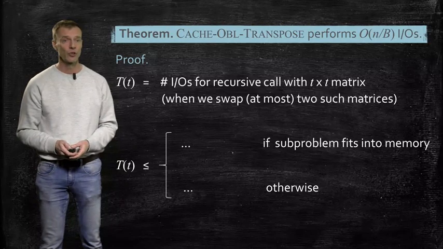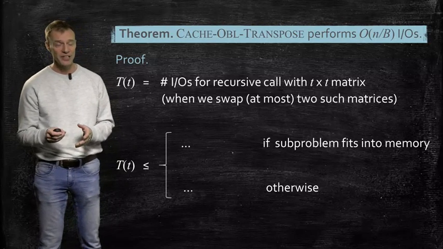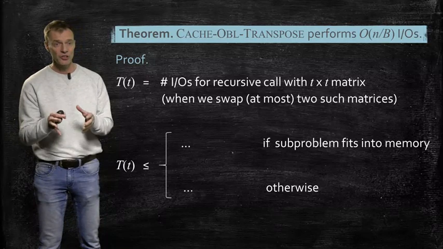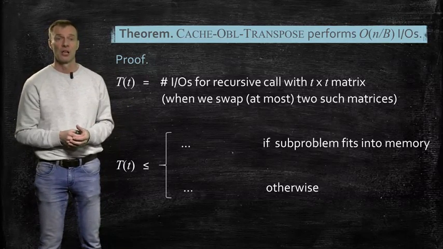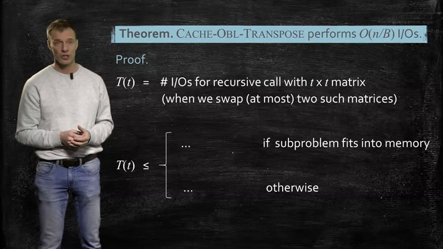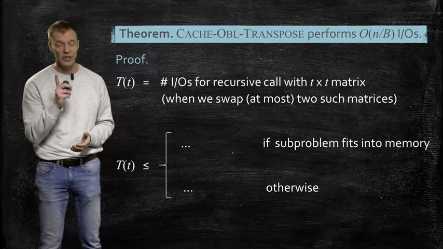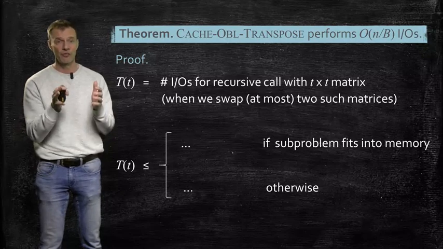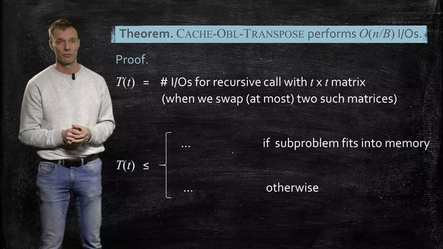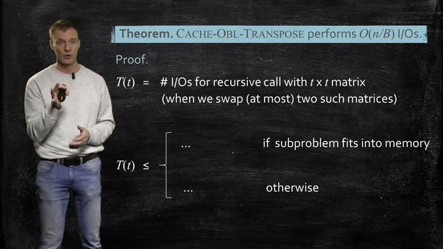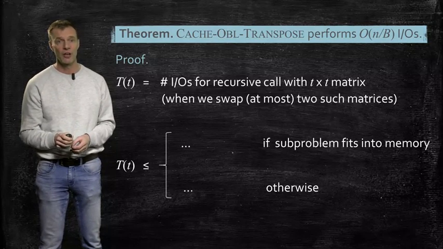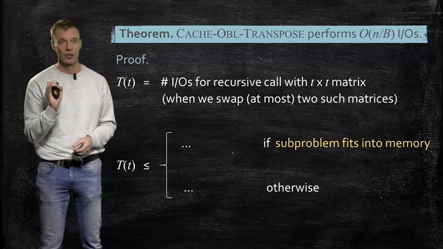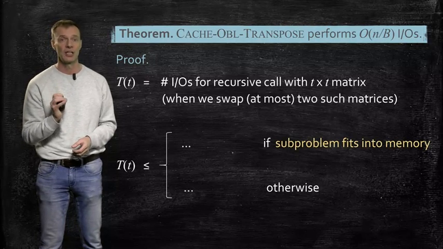What is very important to realize is that the base case of the algorithm is when you have, let's say, a 1 by 1 submatrix, so when T equals 1. The base case for the I/O analysis is when everything fits into the main memory. So this recurrence for a cache-oblivious recursive algorithm would always have as the base case if the subproblem fits in the internal memory.